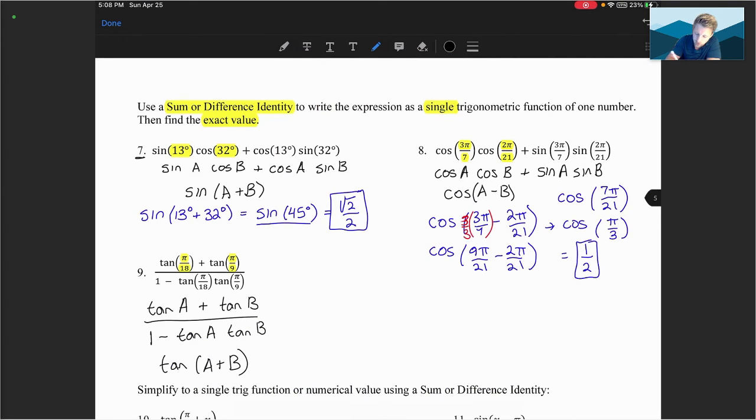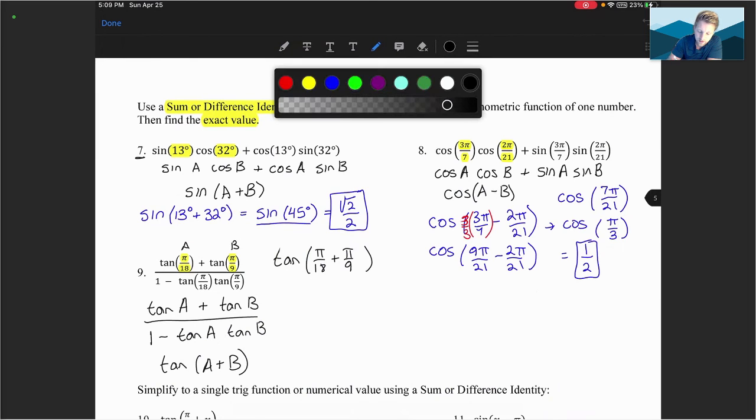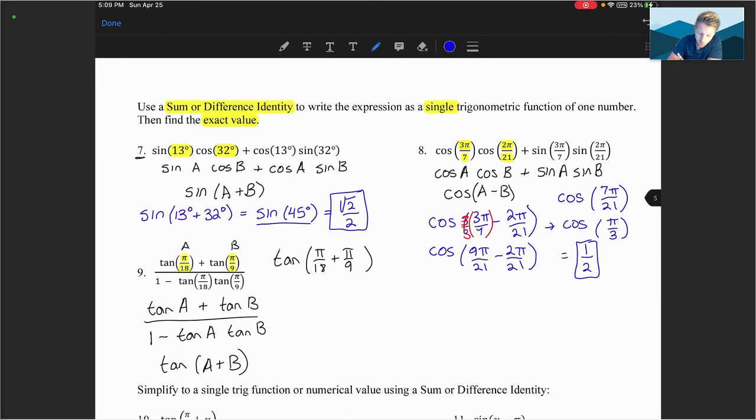If I do a little bit of work to simplify A plus B, if this is my A and this is my B, we can do this as the tangent of pi over 18 plus pi over 9. And we know to get a common denominator here, we can just multiply that second fraction by 2 over 2.